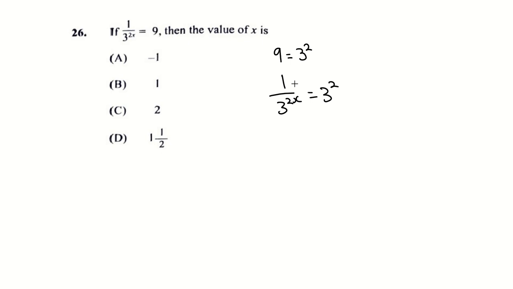Now, to make the negative indices positive, this would be 1 over 3 to the power of 2 by negative 1. So this would be 1 over 3 to the negative 2. And this negative index will turn to a positive index by putting it as 3 to the power of 2. So I would say that x is negative 1. And that is how you would have done this question.